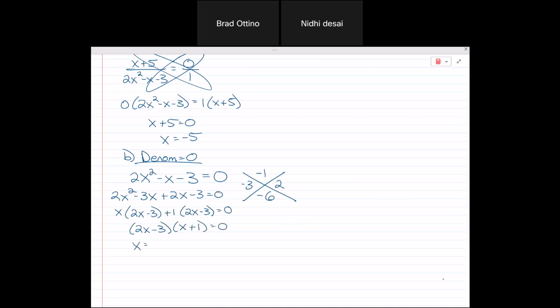I'm getting x is 3 halves and x is negative 1.